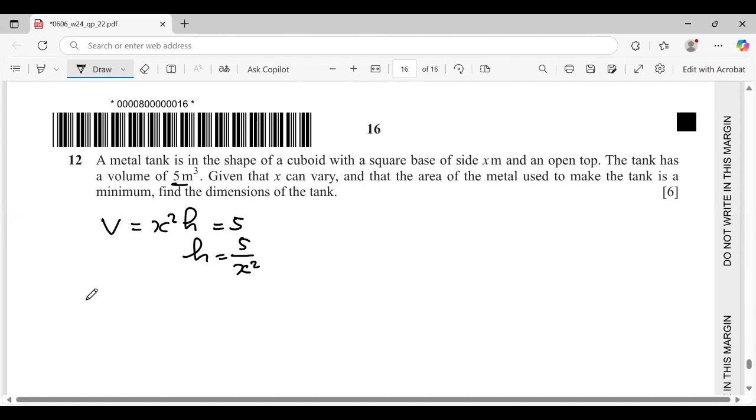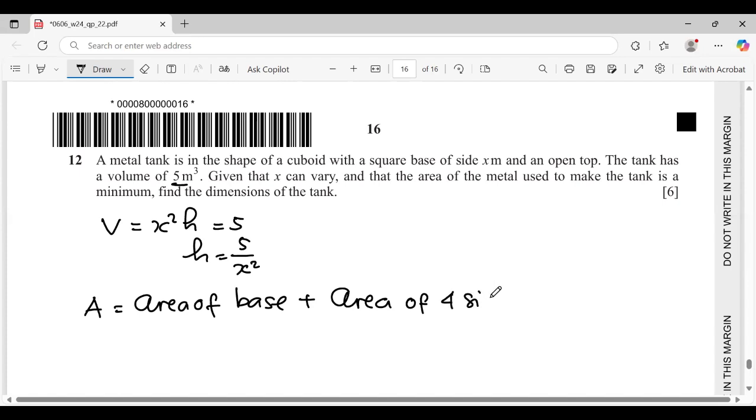The surface area, A, equals area of base plus area of 4 sides. So area of base is x squared plus area of 4 sides is 4xh. After that, substitute h equals 5 over x squared.